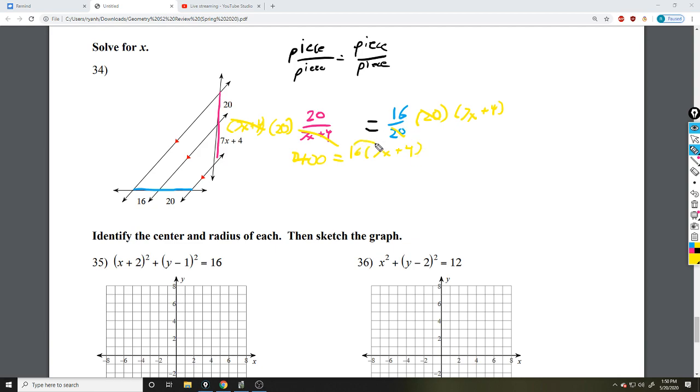So that means we got to distribute this out. Boom, boom. 112x plus 64. So then we're going to subtract.